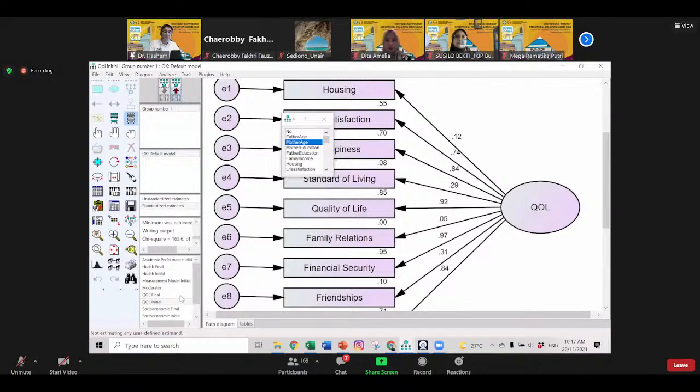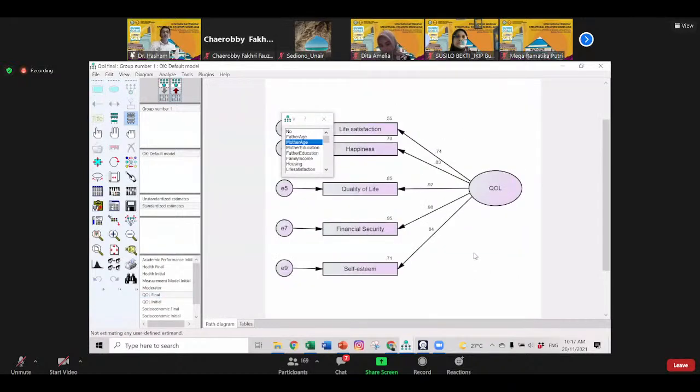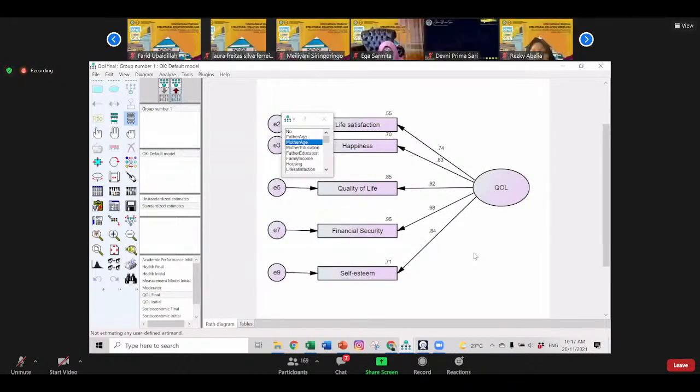So I eliminate this one, and they go for the final quality of life, right? So this is the first part you have to do for every latent variable.